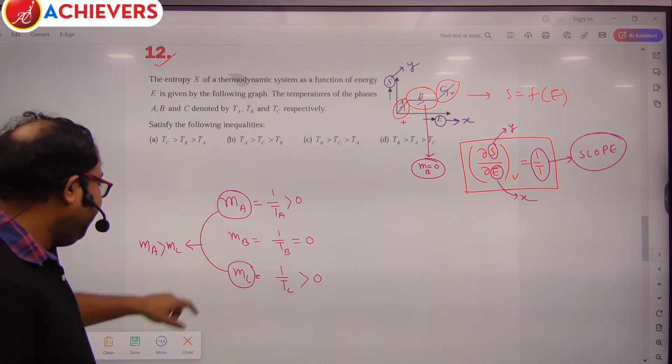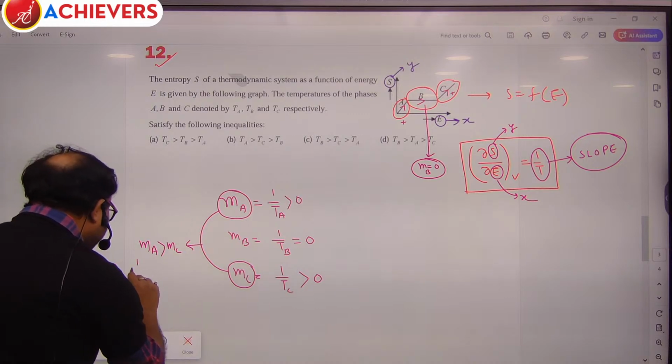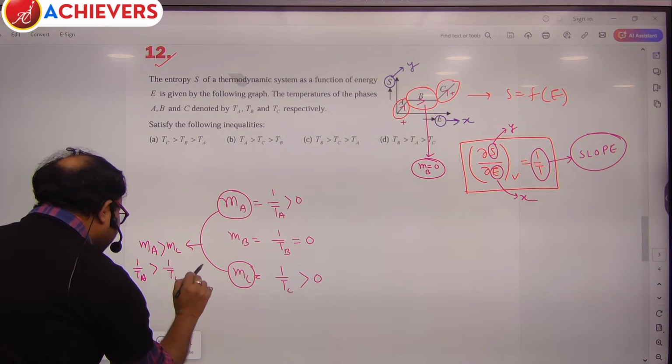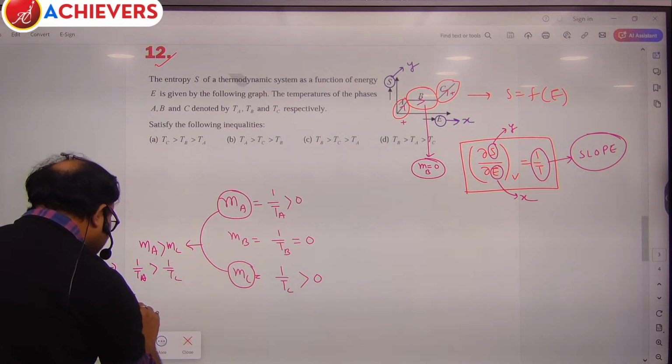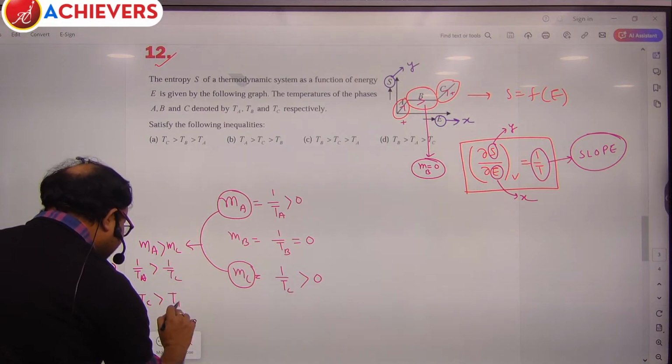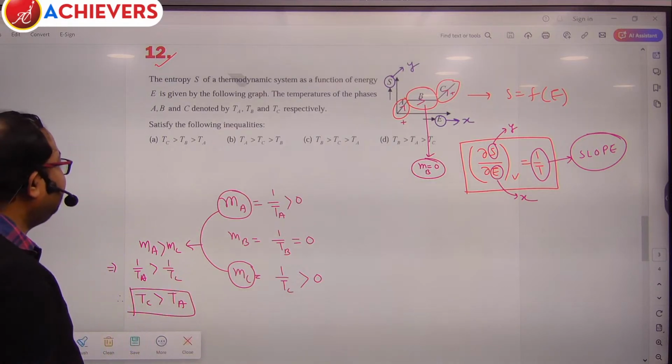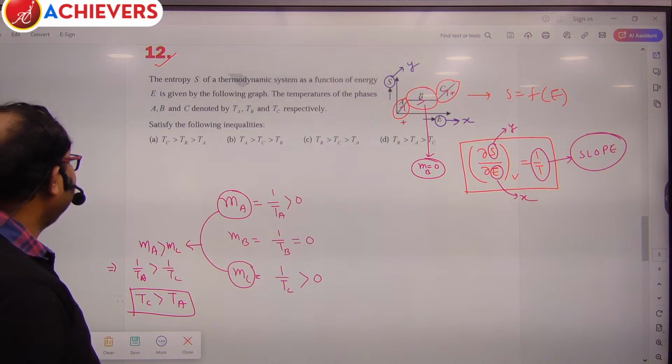So it means basically 1 by TA is greater than 1 by TC. That means TC is greater than TA.